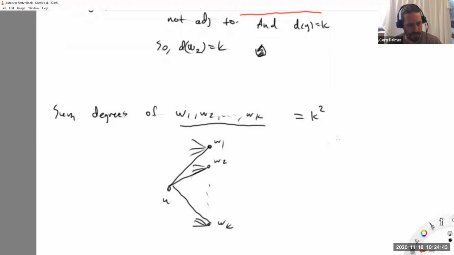But notice this counts every vertex of G, well, once, except for one vertex that gets counted more than once.